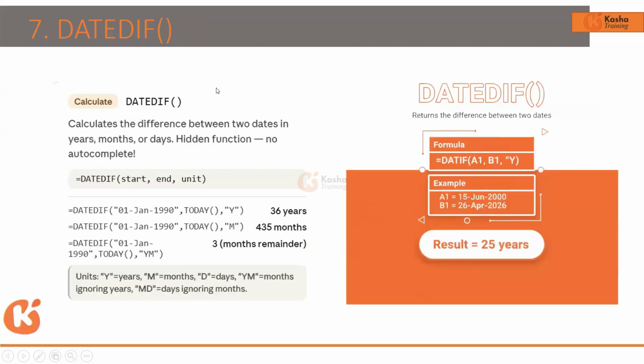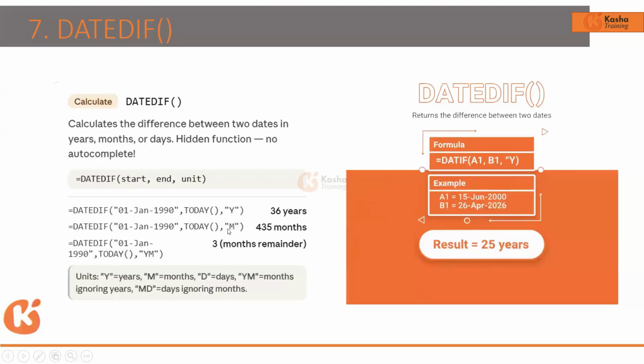Then you can see DATEDIF. What is DATEDIF? Basically it calculates the difference between two dates in years, months, and days. For example, here you have a start date and an end date. You have given this as the start date, and today is the end date. You want the year, so you can see 36 years it has calculated.